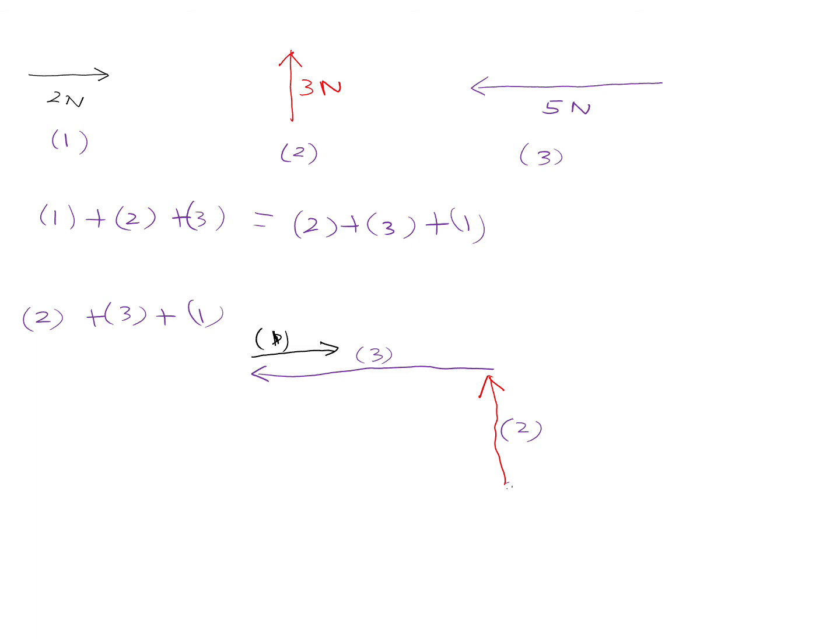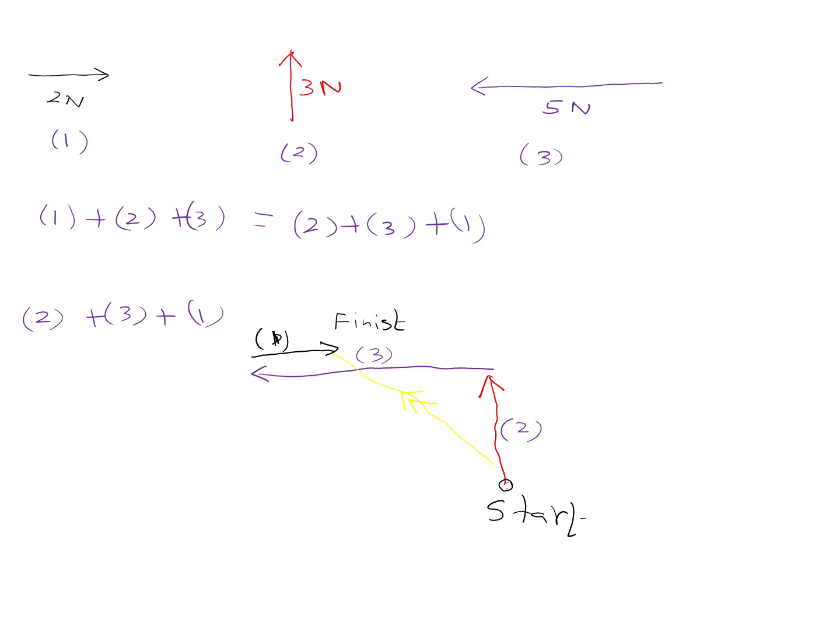Okay, so this is your start. You have to choose the very first vector. That's your start, the tail of the very first vector you choose, which is number 2. And this is the very last vector you choose. This is the head, which is your finish. So your resultant vector, when you add 2 plus 3 plus 1, is from the start of the very first vector to the finish of the very last vector.